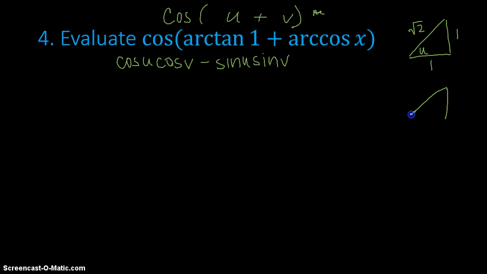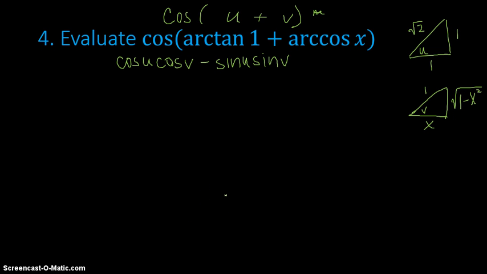For my second triangle, I'm going to say this is angle v, and it says arc cosine of x. That's how I got angle v, so that means I did cosine and my answer was x. So x over 1 for adjacent over hypotenuse, which with Pythagorean theorem means this is the square root of 1 minus x squared.